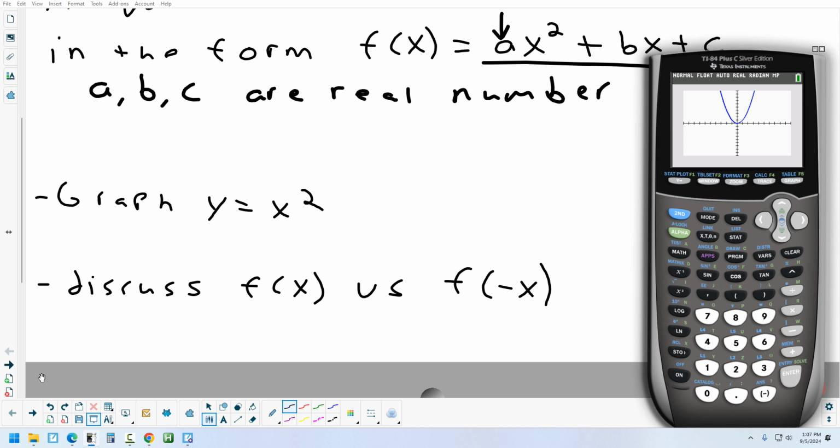I want to leave the one that I have now, but I want to go down to y2 and put in parentheses negative x squared. So what I'm doing now is I'm replacing the letter that we had with negative x instead of positive x. I'm still squaring it. I want to know what happens when I put in a negative.